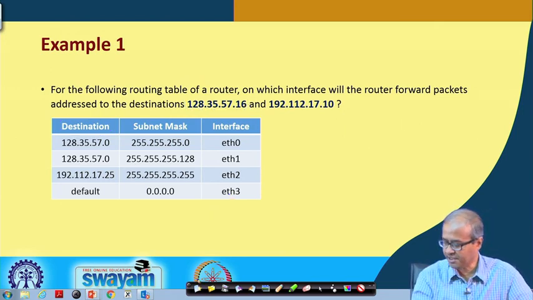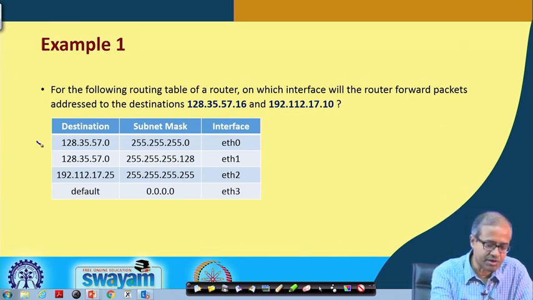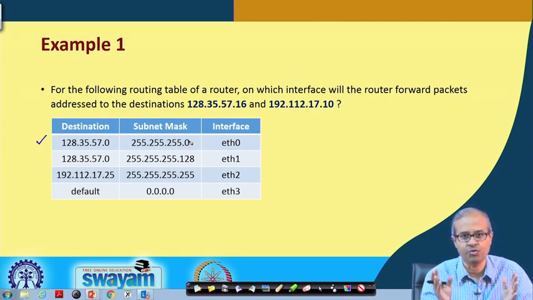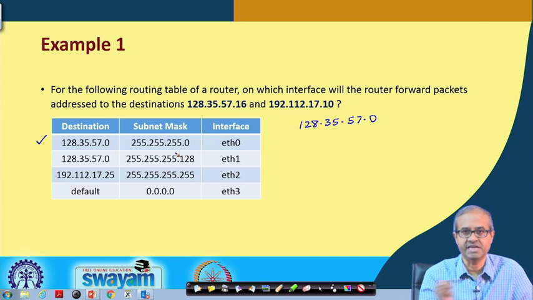Now, this 128.35.57.16 will be checked with the rows one by one. First, this row: the subnet mask says the first 3 bytes are all ones, the last one is all 0, 255 means all ones. If you do a bit by bit ANDing with this, you will simply get 128.35.57, and the last 8 bits will become 0, because you are ANDing with 8 zeros at the end.